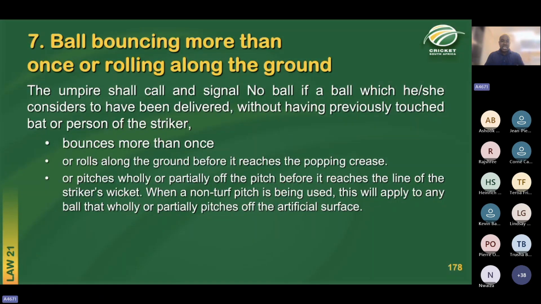So the law tells us here in this last sentence that whatever the width of that artificial pitch is, if the ball lands off that pitch, then it is to be called and signaled no ball if it lands before the line of the stumps. So you don't need to measure out 3.05 meters if you are on a non-turf pitch that is different to the rest of the field. You can clearly see when the ball has landed off the pitch.